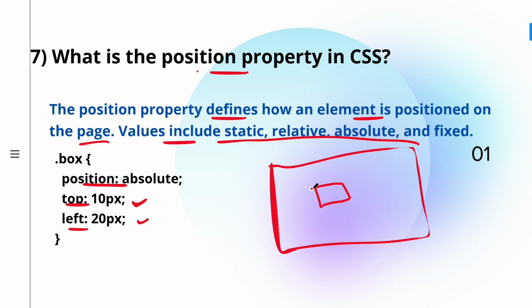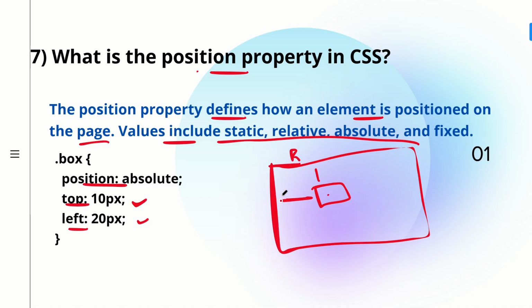If I give the box position absolute, then it is going to position itself according to the nearest parent element which is actually positioned. So for example, if this parent is also positioned with relative, then it is going to position itself according to the parent. And here we have given top 10 pixels and left 20 pixels. So this is how positioning is done.